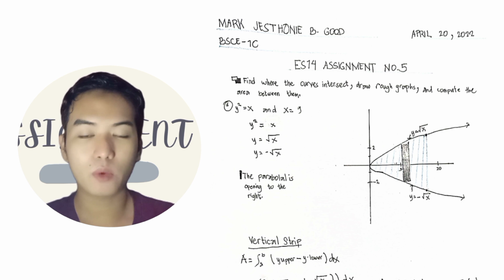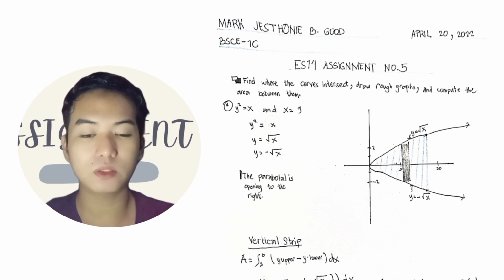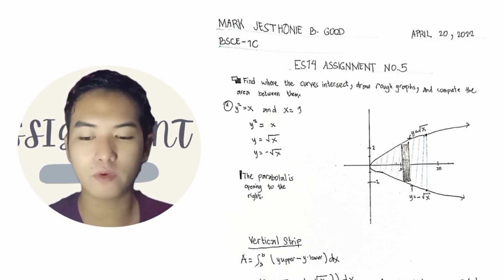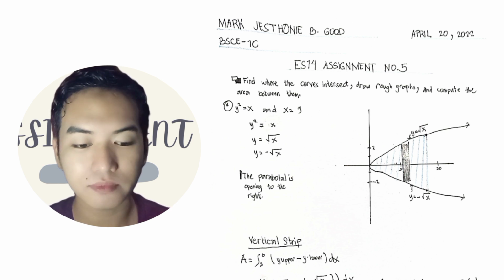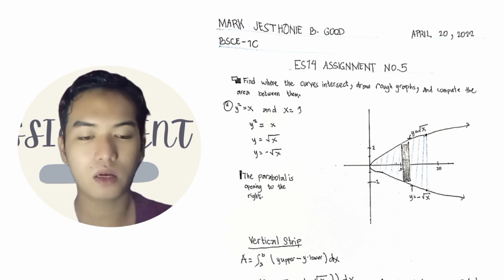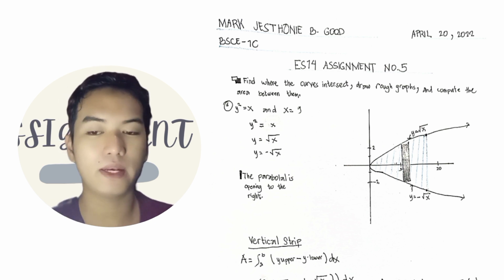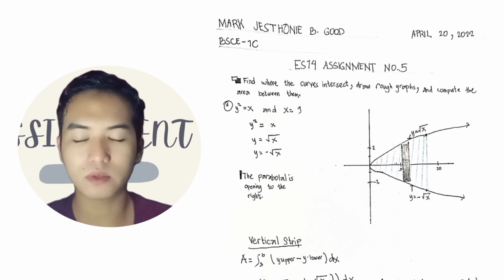We can identify that this parabola is opening to the right, and this is the graph where we have the vertical strip over here, and we apply the vertices that we identify. By that, we can now find the area of this equation.